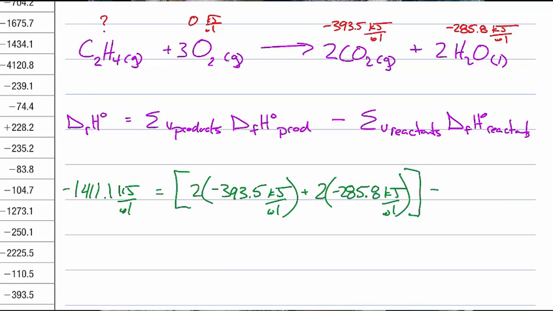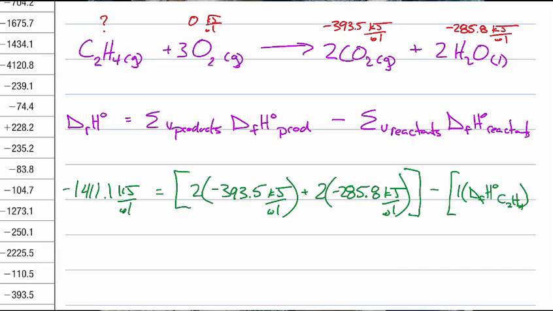And because we have oxygen as an element, we don't have to worry about that enthalpy of formation because it's 0 kilojoules per mole, and we only have one ethene. So we have 1 times the delta H of formation of C2H4.